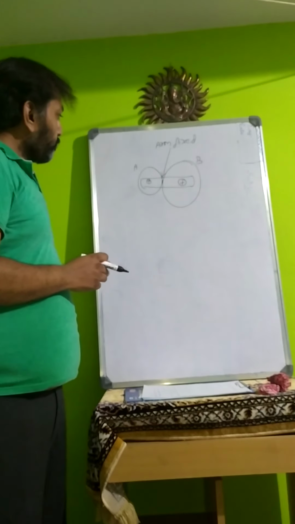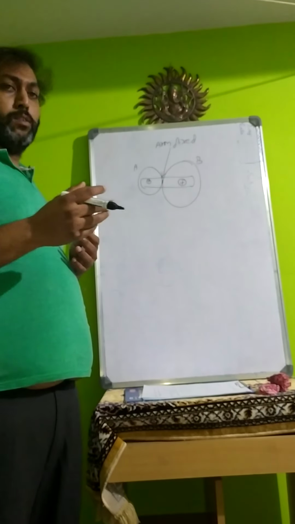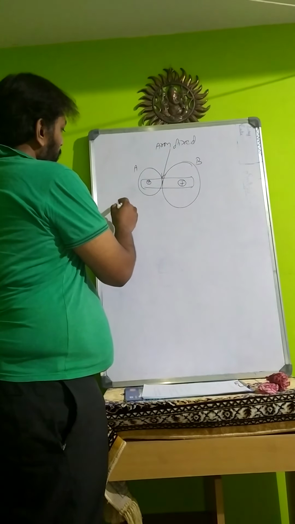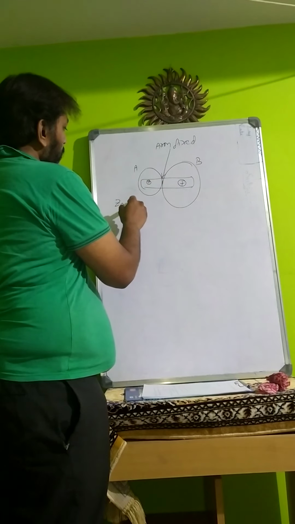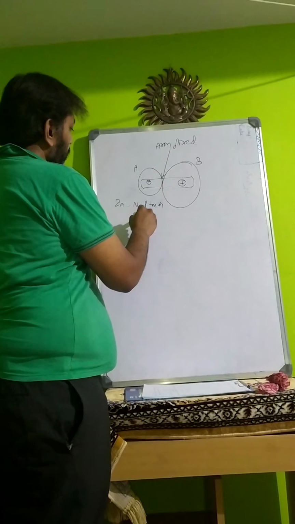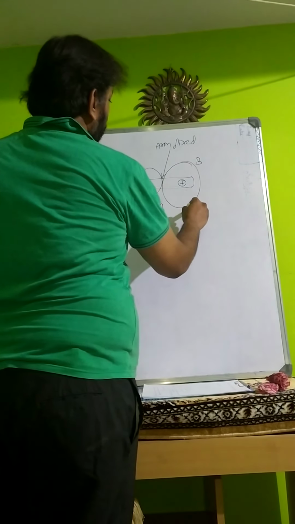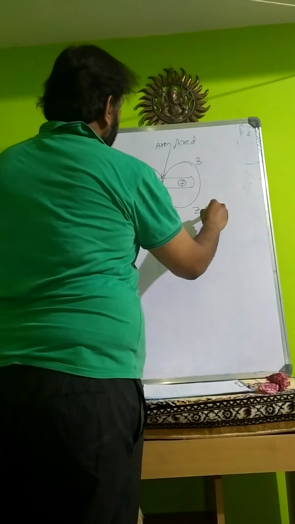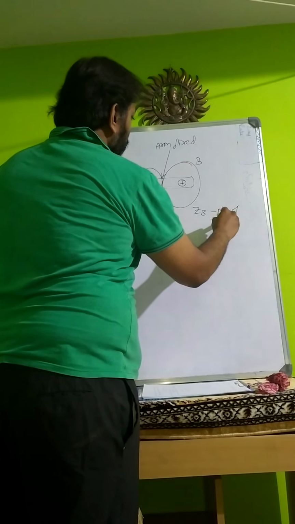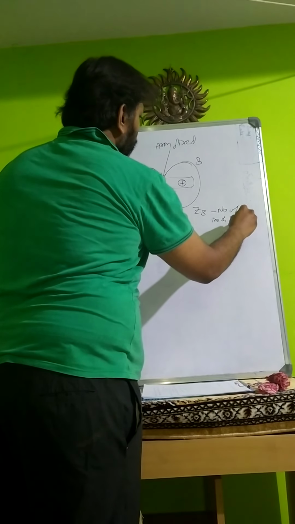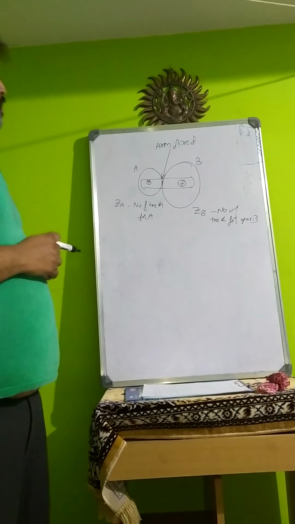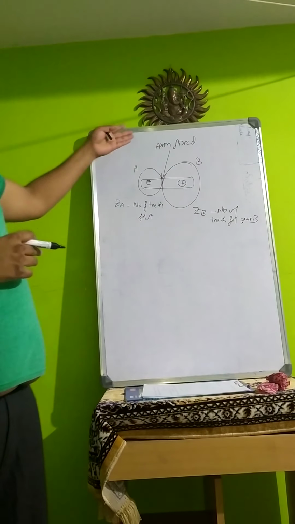So how do we want to determine the velocity ratio? Let us consider that ZA is the number of teeth for gear A and ZB is the number of teeth for gear B. Now let us assume that this arm is fixed.